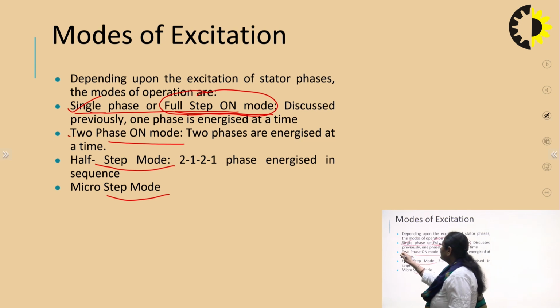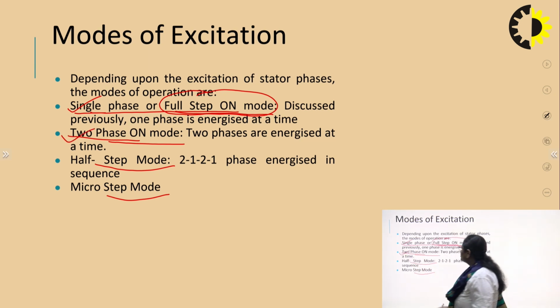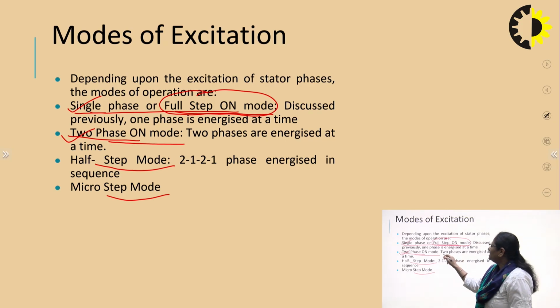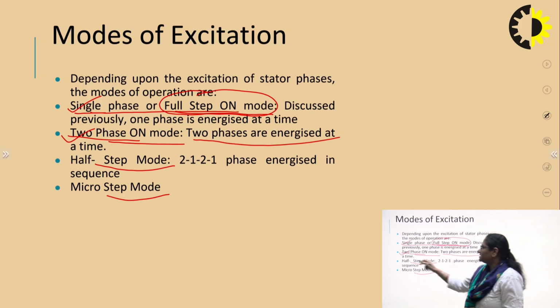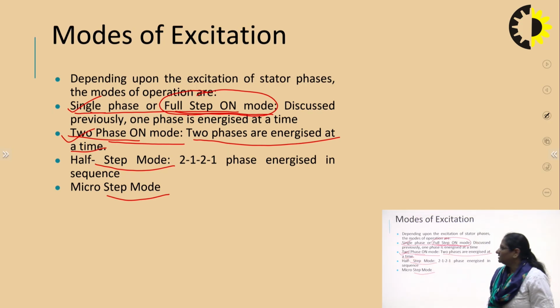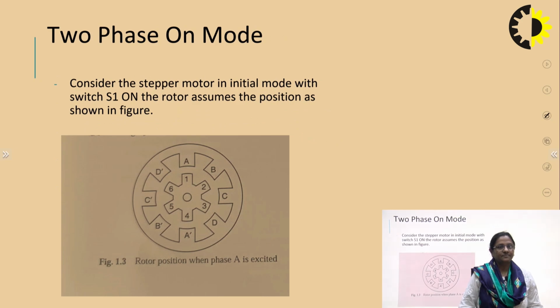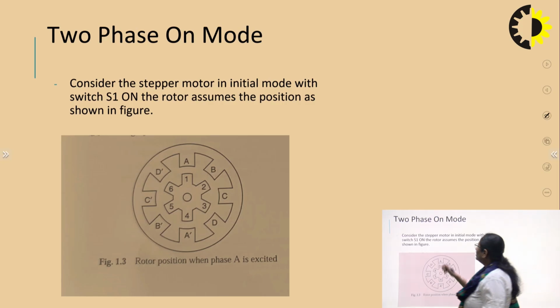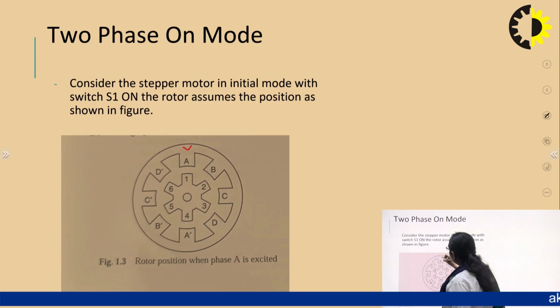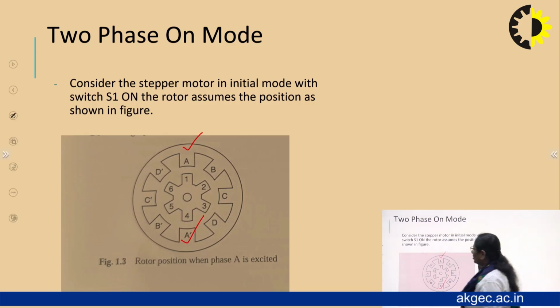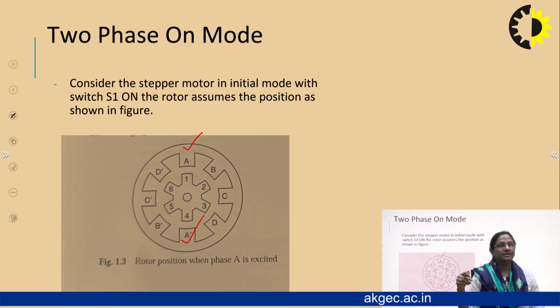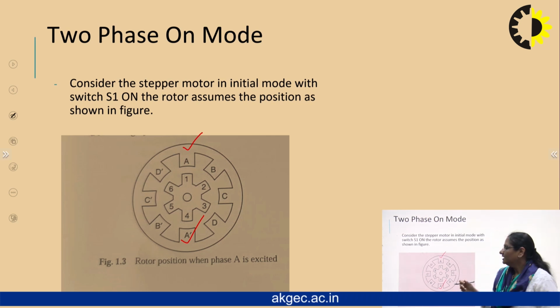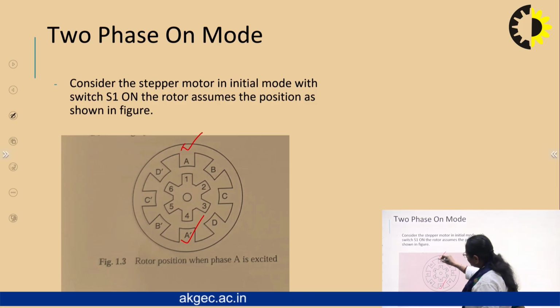Now let us proceed with the 2-phase on mode. The term itself is suggesting its meaning. The 2 phases are energized at a time. So starting with the 2-phase on mode, considering the stepper motor in its initial mode with switch S1 on, turning on the switch S1 energizes the phase A of the machine, and a magnetic field is created by the current flowing in phase A winding.